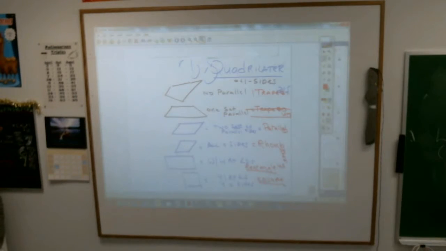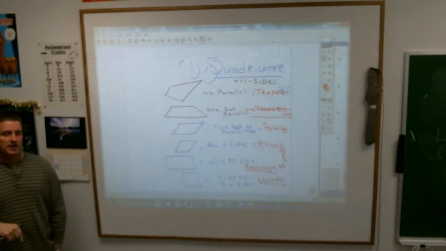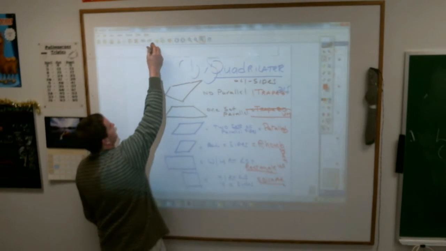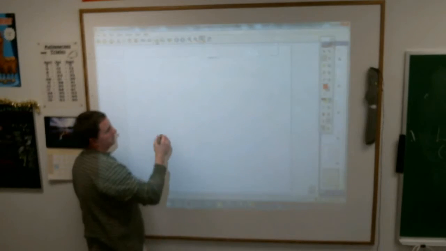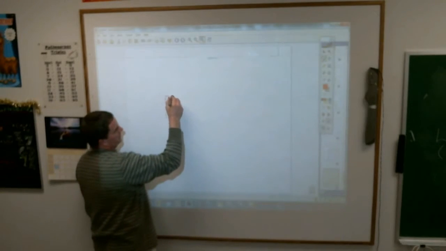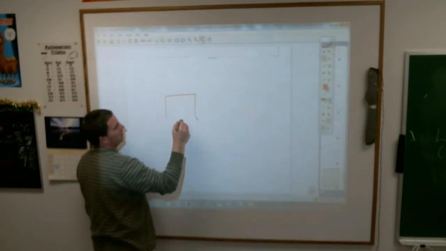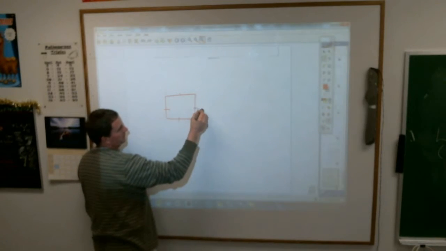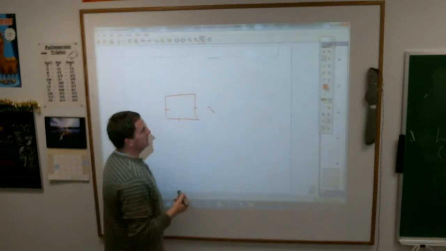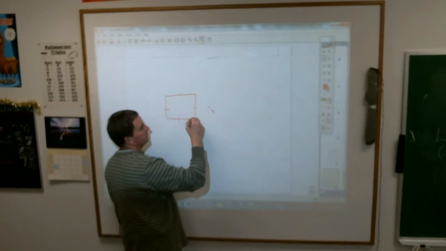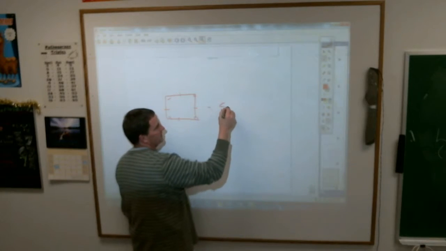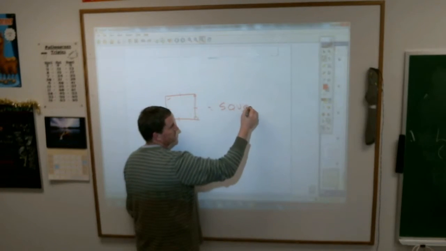And you need to know these exact definitions because there's going to be times when they ask you things like this. Technically speaking, if they ask you all the names that apply to this, the obvious one is that it is a four-sided shape with all equal sides and four right angles. Its most specific name is a square.